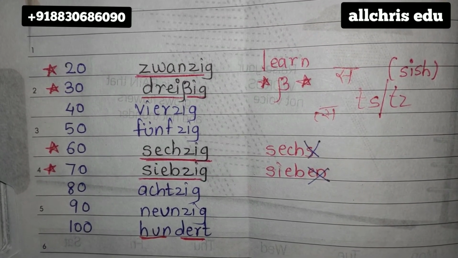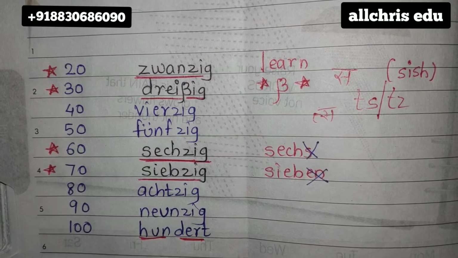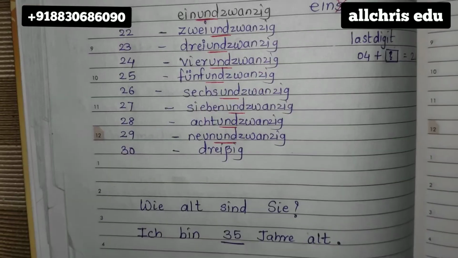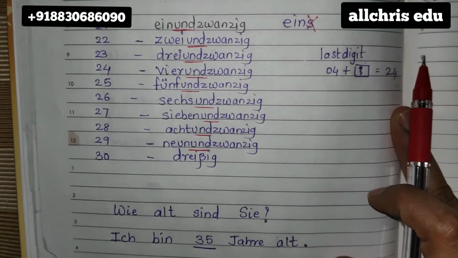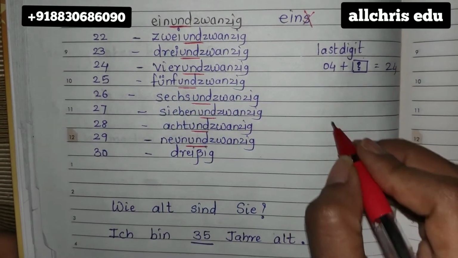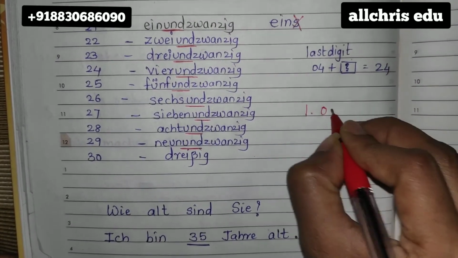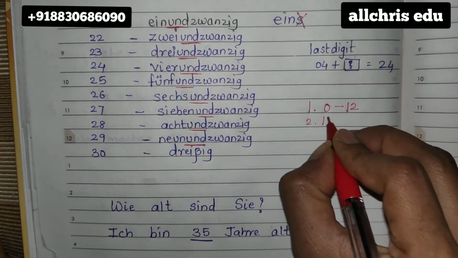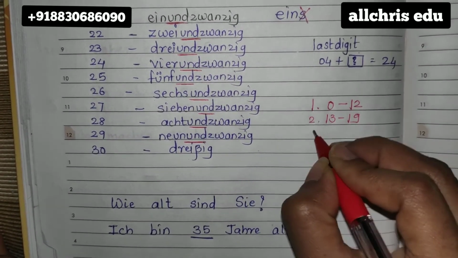Now from 0 to 100. The last step is 21 to 30. So the first step was 0 to 12 properly. The second step was 13 to 19.